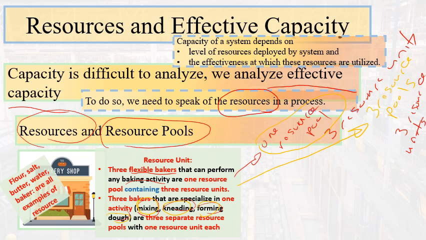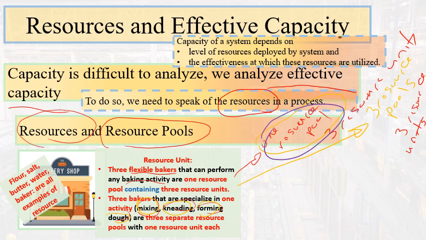So the number of resource units is not affected by whether you have specialization or no specialization. We still have the same number of resource units. So if we have the three bakers all experienced in doing all three different activities, there's still three resource units, but they're in one resource pool.